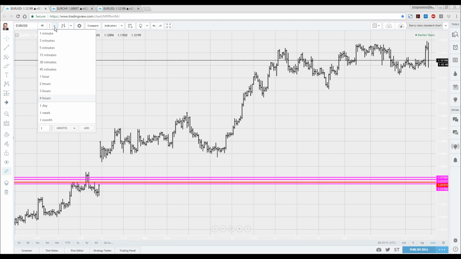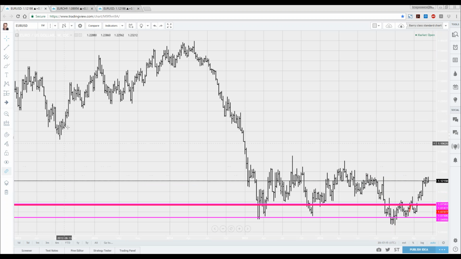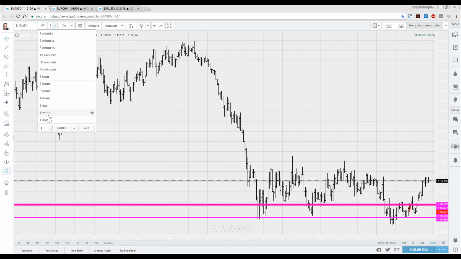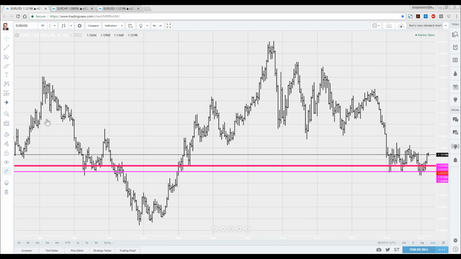But if we go back to a 1-week chart, look at what we see about the euro. It's actually in a sideways movement, but after a huge significant downtrend. So it's trading towards the bottom of its trading level. If we go back to a 1-month chart, we see something else.